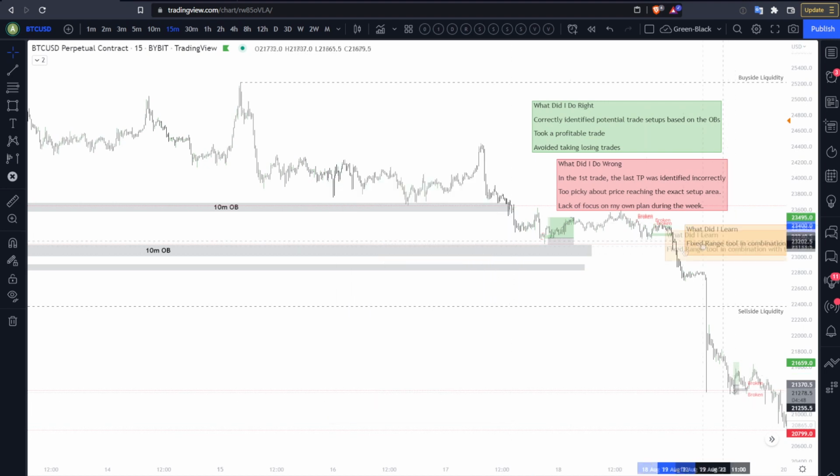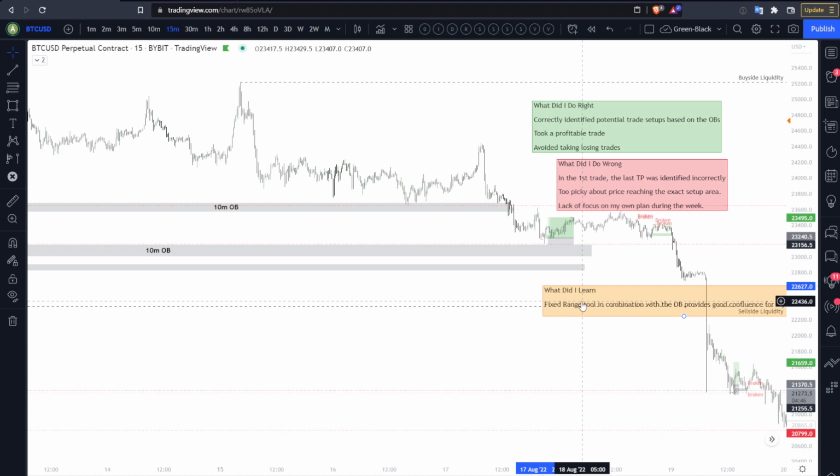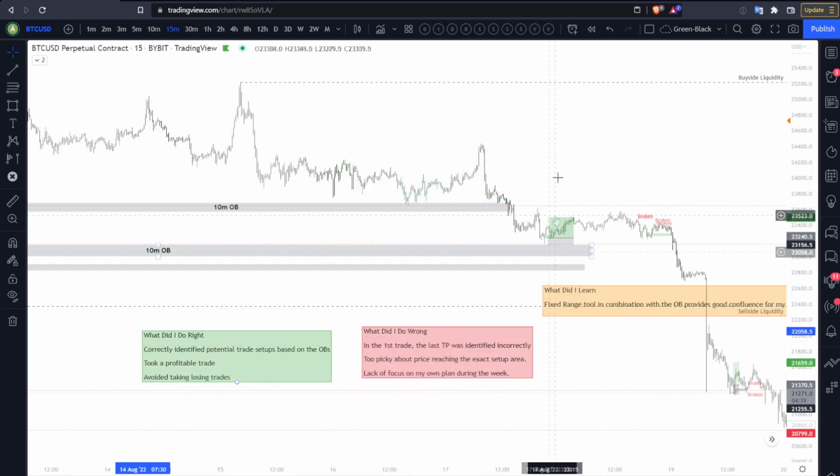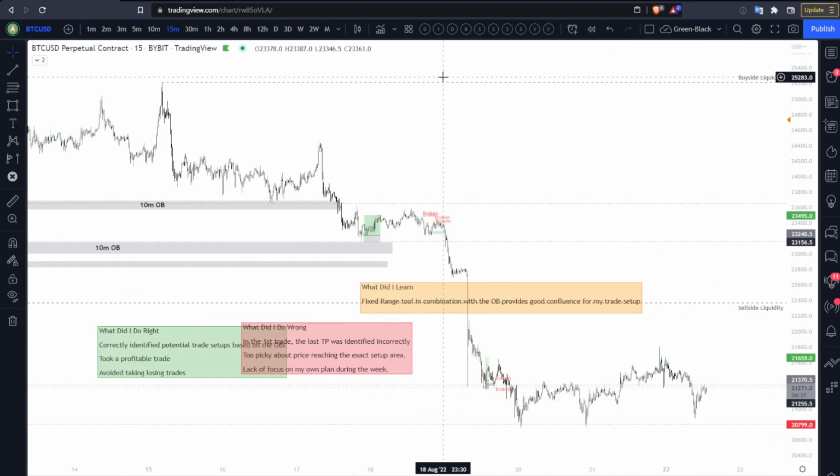Now, the next thing that I learned during this whole decline is that not all gaps, like here and here, and not all order blocks will be revisited before we continue lower.